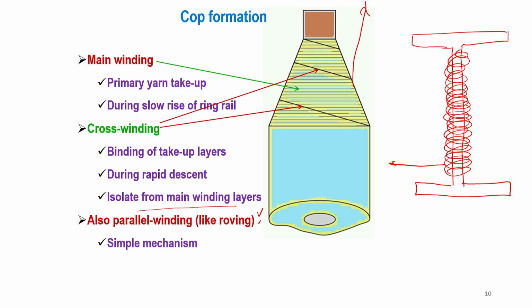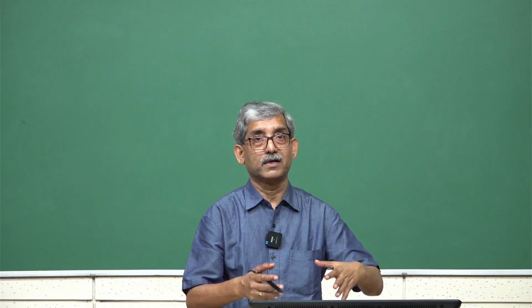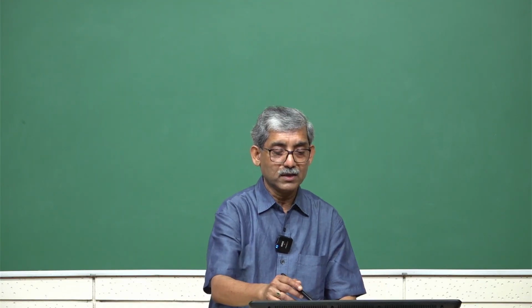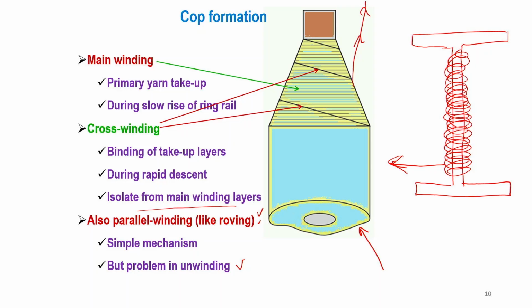It is a simple mechanism, but there is a problem in unwinding. We cannot have very high speed unwinding, because here the package does not rotate, it remains stationary, and the yarn is pulled from the top.